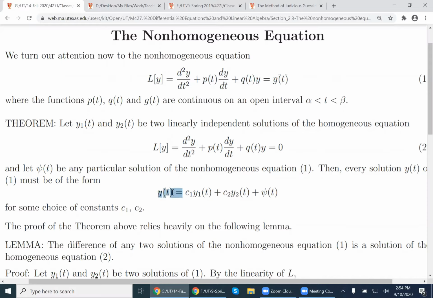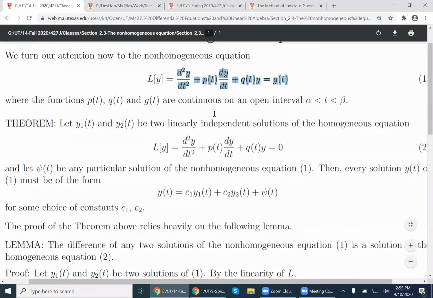The general solution of this non-homogeneous equation is equal to the general solution of the corresponding homogeneous equation plus a particular solution of the original non-homogeneous equation.